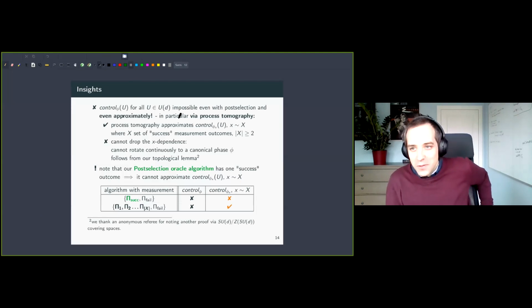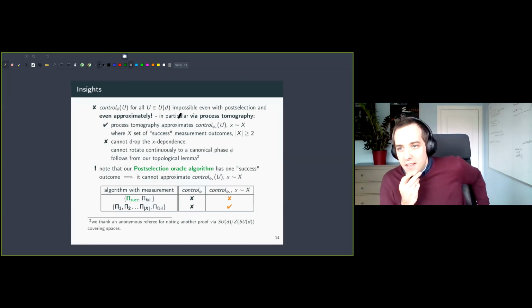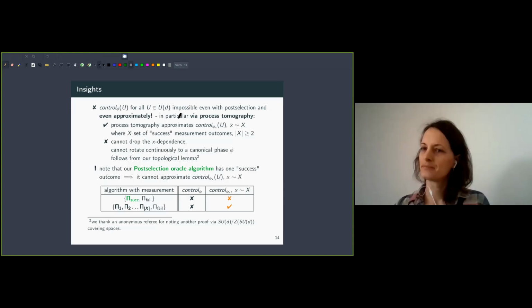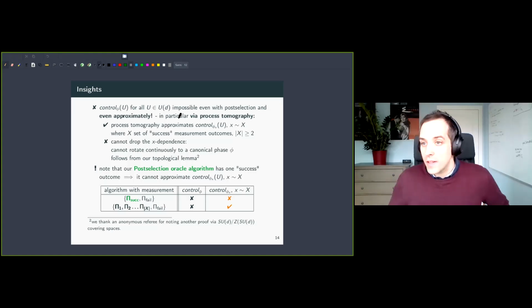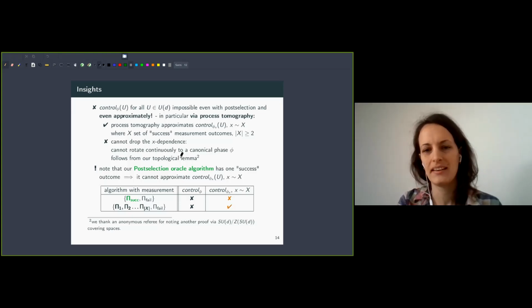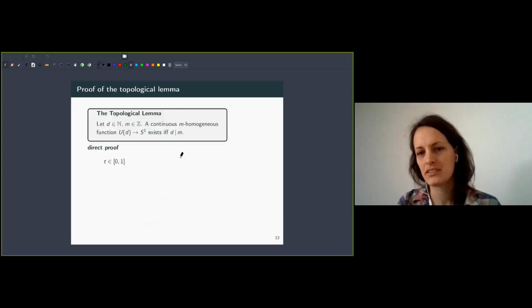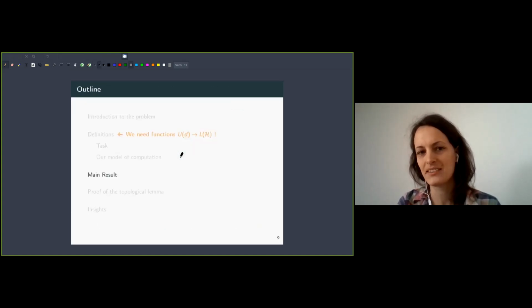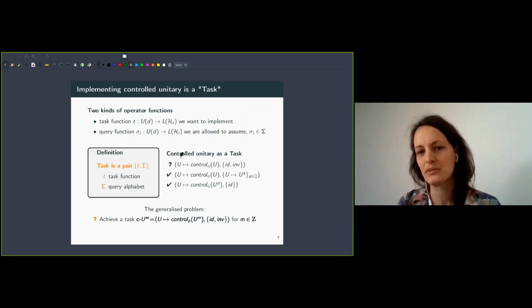If I understood well, your no-go theorem, when you allow for post-selection, somehow assumes that this post-selection probability is always non-zero. What if for some instances you get zero success probability? Actually, in that case, I mentioned this result of Dong and others that implements controlled unitary from fractional queries.